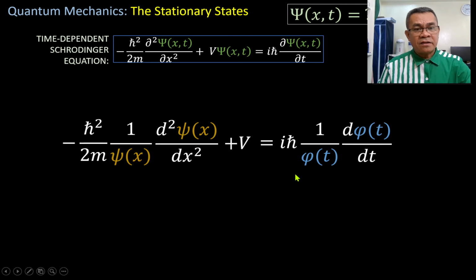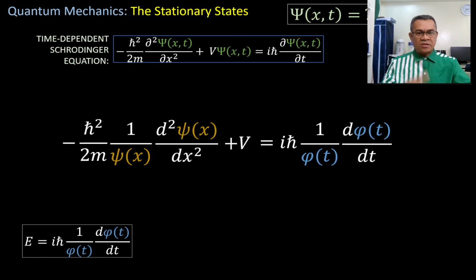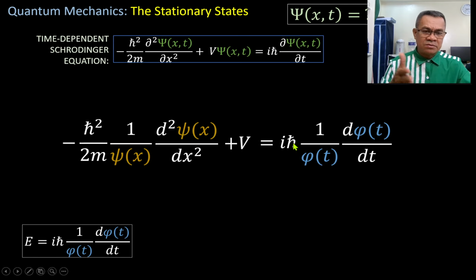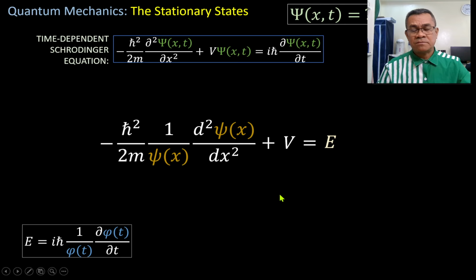Another good thing is this one, the right member, is just equal to the energy of the system, meaning the total energy of the system is just equal to this expression, i h-bar 1 over phi, d phi over dt, with respect to time. So meaning we can replace this with E and this is the result.